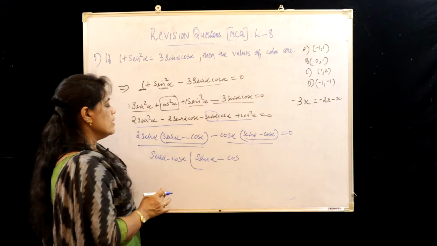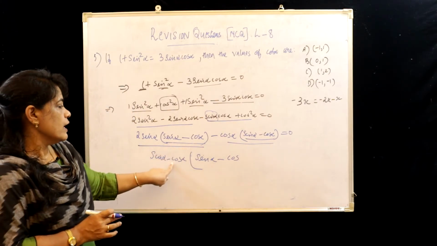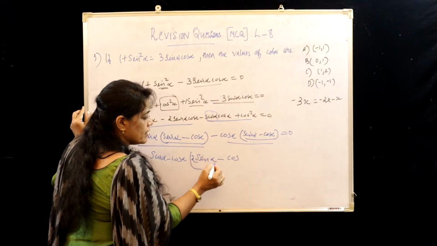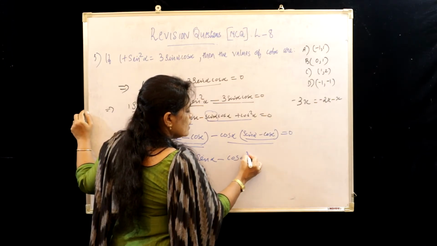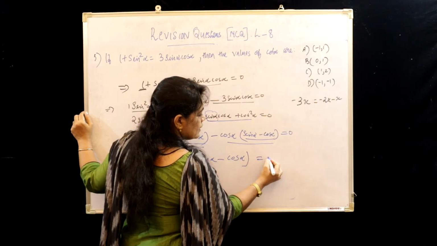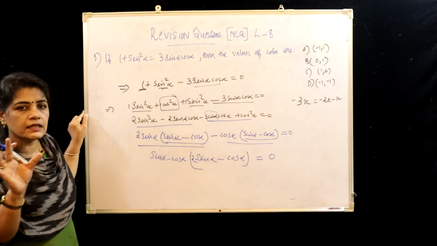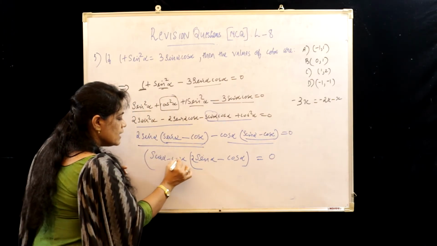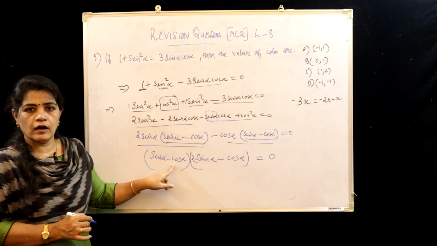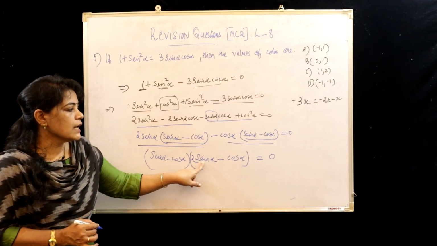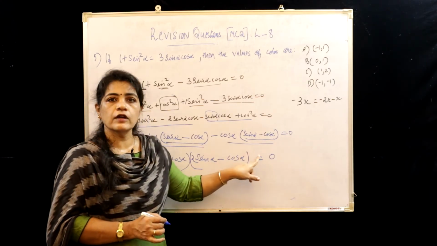Okay, sin alpha minus cos alpha we have taken. So 2 sin alpha here and cos alpha in the bracket from the second term equal to 0. This step is clear, children. That means here we have sin alpha minus cos alpha into 2 sin alpha minus cos alpha equal to 0.